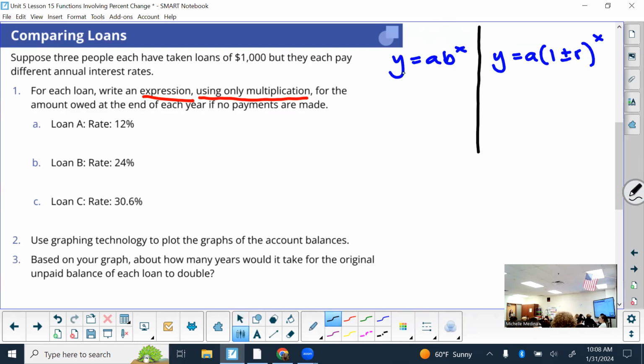They say phrases like... okay. Can you tell me what's different between the two? Tell me what's the same between the two. Asking the whole class.